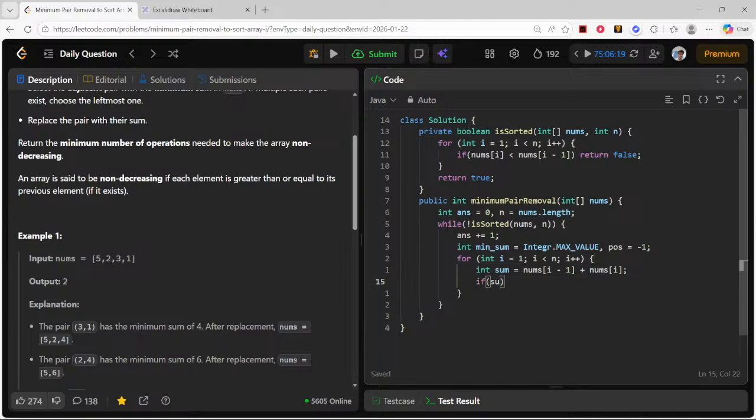If sum is less than minSum, then minSum is sum, then positive is equal to i, right.